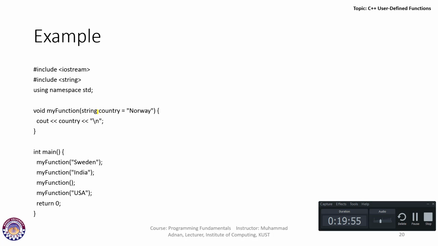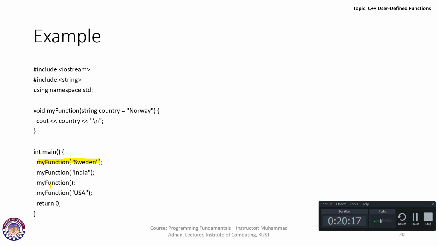Whenever you call a function, here we are calling this function and passing it Sweden. So country will get the value of Sweden because Sweden is the argument. Then we are calling it and passing India. So country will get the value of India and Norway will be bypassed.